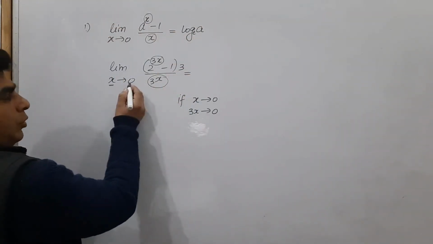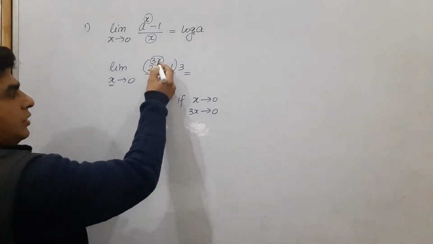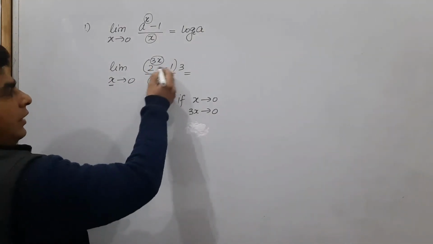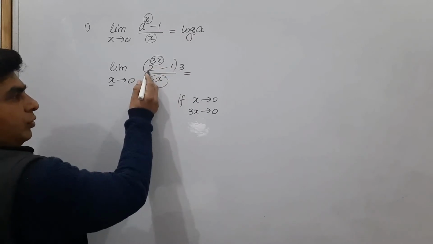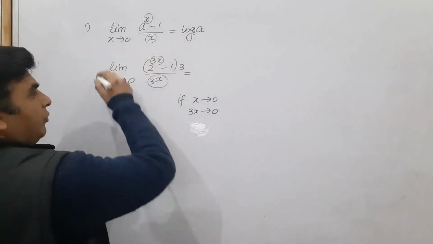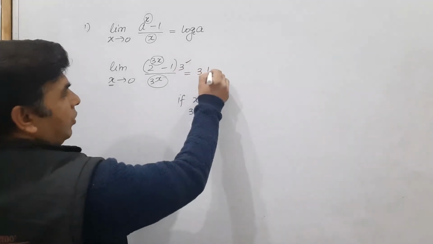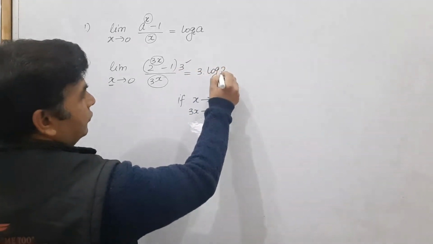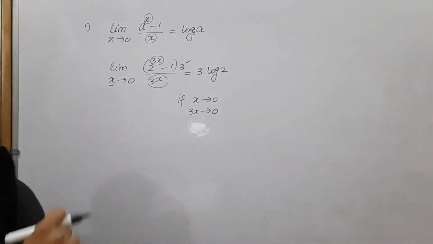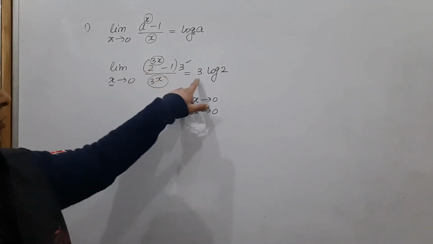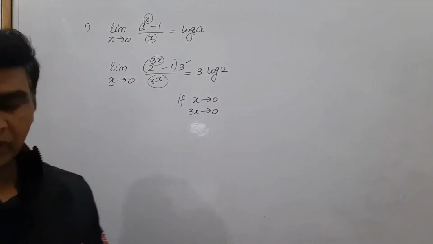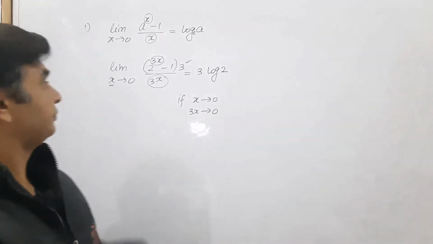As 3x approaches 0, 2 to the power 3x is there, this is your 3x, and this is your a, the value 2. So this complete formula can be replaced, with 3 remaining outside, by log of 2, where the base should be e. So the answer of this question will be 3 log of 2. I think this is very clear to everyone.